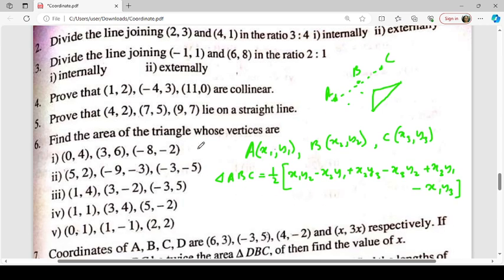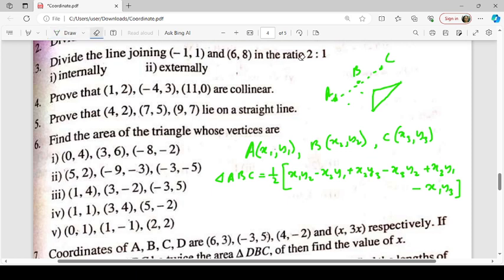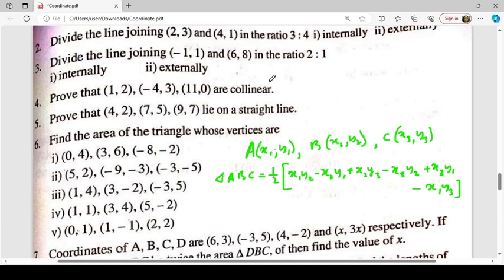So if we see this one, suppose we say ABC are not collinear. A has coordinates (1, 2), B has coordinates (-4, 3), and C has coordinates (11, 0).